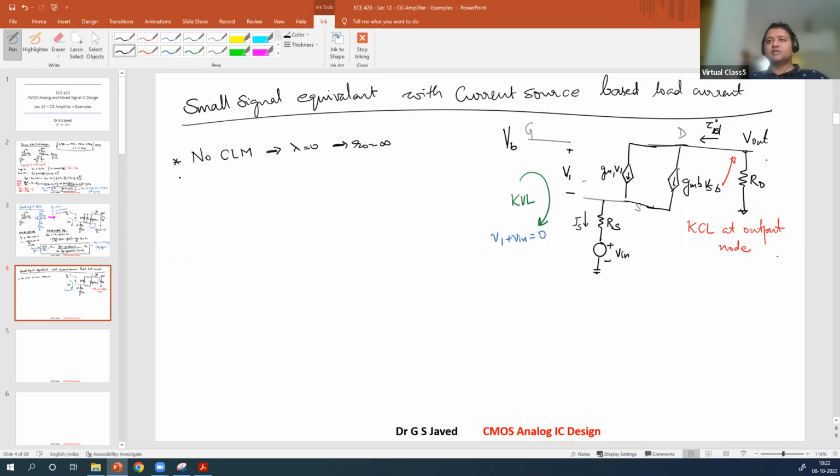Another factor is a constant current source at the top node. So what do you get here? Vin, let's come back again. KVL will be V1 plus Vin equal to 0.